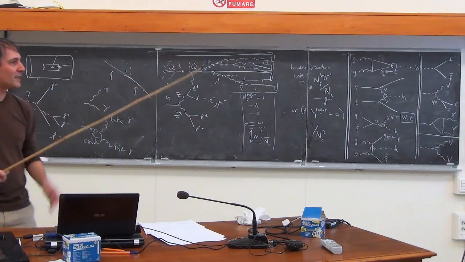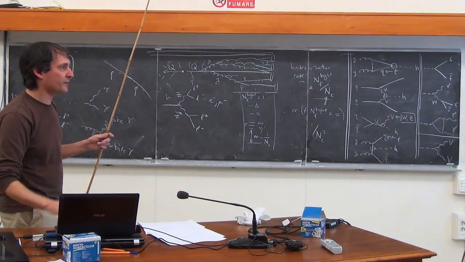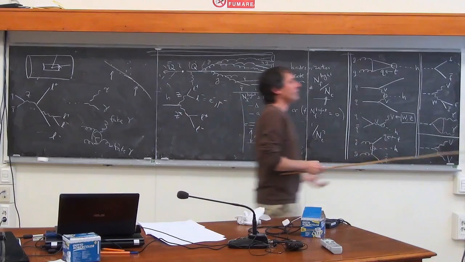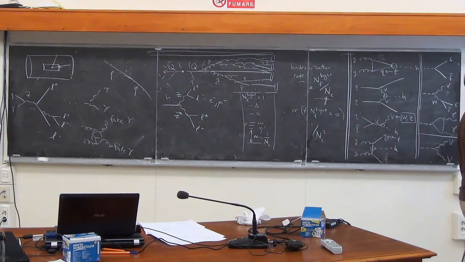It's up to you. Okay, so finally let me put these together. So again, hard to read. Here's the CMS gamma gamma, here's the Atlas gamma gamma, here is the Atlas ZZ, here is the CMS ZZ, and there's a particle there. Okay, what is its mass? I don't know.